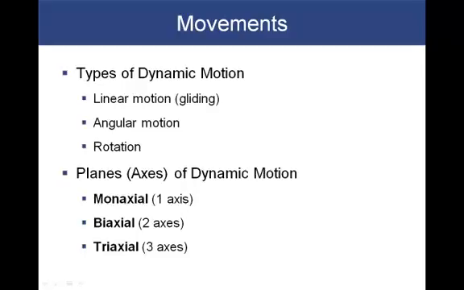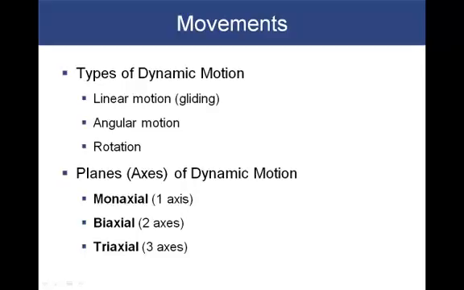Not only can we look at dynamic motion, but we also can consider the planes or the axes of dynamic motion. If an articulation permits movement along only one axis, it's referred to as monaxial. For instance, in the pencil model from figure 9-2, monaxial would be the articulation permitting only angular movement in a forward or backward plane, preventing any movement other than the rotation around its longitudinal axis.